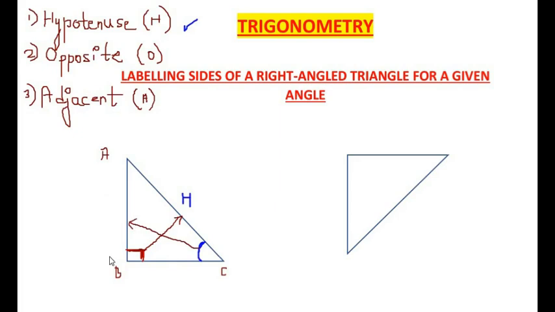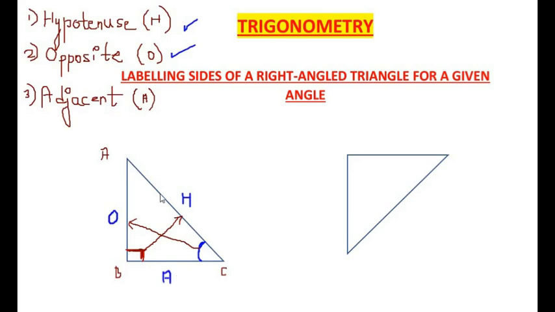So AB becomes the opposite side. So the second side is also marked. Now the remaining side, that is BC, can be automatically written as adjacent. So this is the hypotenuse, this is the opposite, and this is the adjacent.